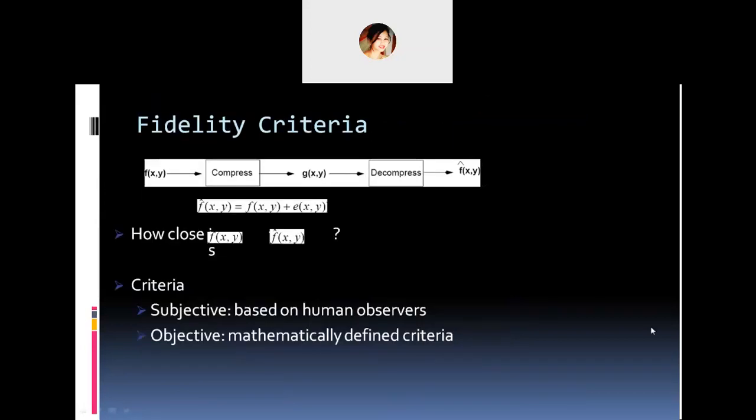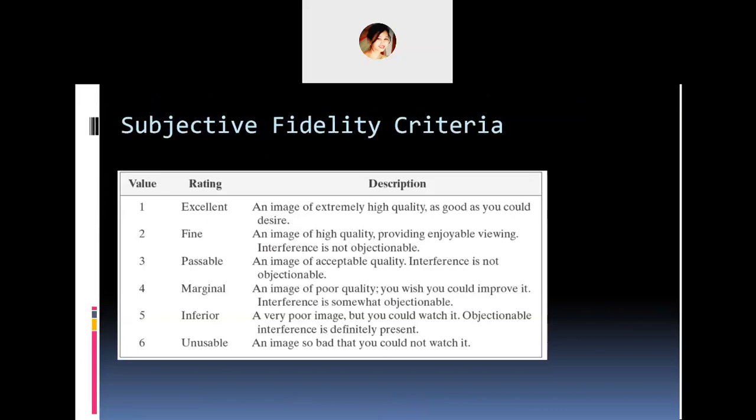Then we spoke on fidelity criteria. We have two types of criteria in fidelity: one is subjective and one is objective. Subjective is based on human observers, whatever the human eye is able to perceive in front of it. Objective means some mathematical definition is used to fulfill that criteria. In subjective criteria, a rating is given in terms of a value.